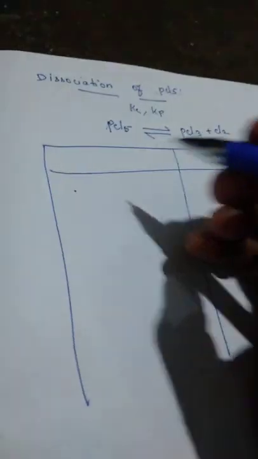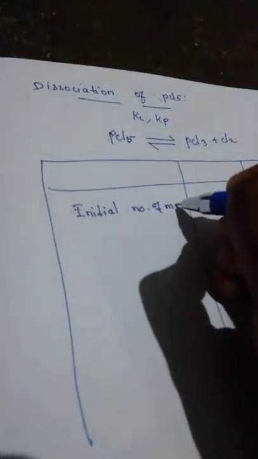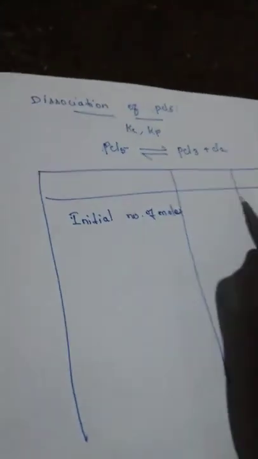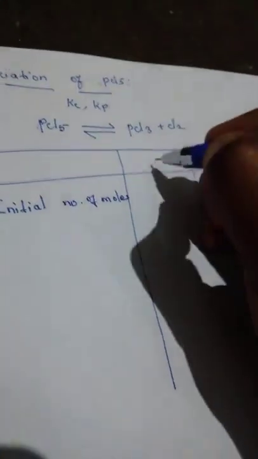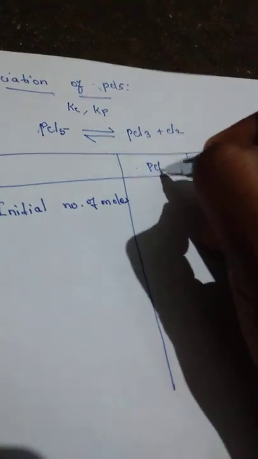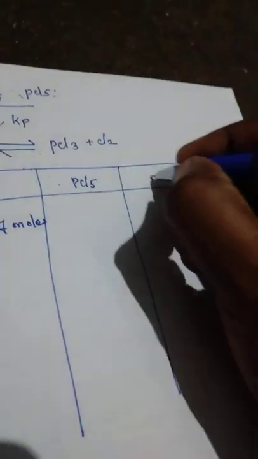See here, first, initial number of moles. And here you write the reactants and products. Which one is your reactant? PCl5, and the products PCl3 and chlorine.